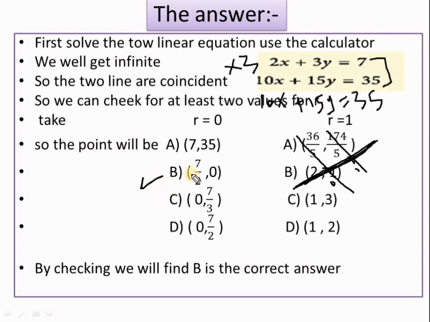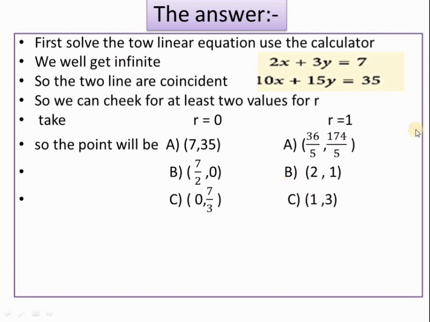Why? Because if you substitute instead of x here 7 over 2, and then get y. So 7 over 2 times 2 will be 7, and then solve for y. We will get 7 minus 7 equals 3y, so y equals 0. That means this achieves the first equation, and at the same time it will achieve the second one.